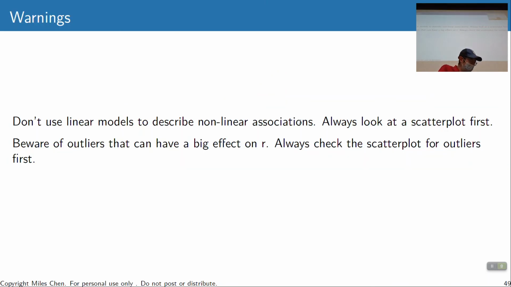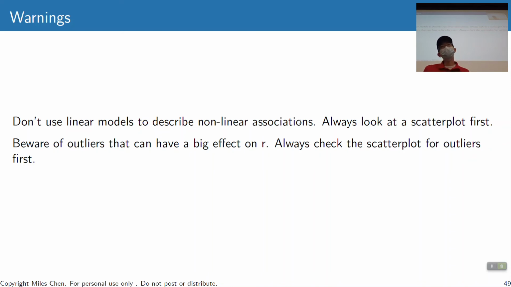Okay, we have a bunch of warnings now. Linear regression is very useful. And here in this class we're covering simple linear regression. But if you were to study statistics, you can take an entire course on linear regression and expand this.